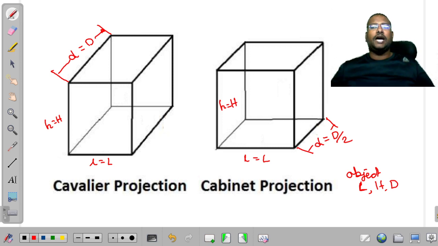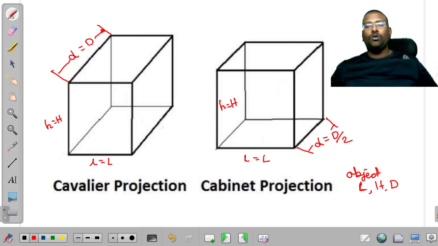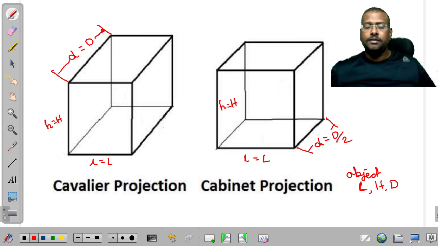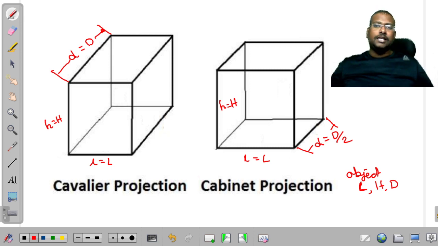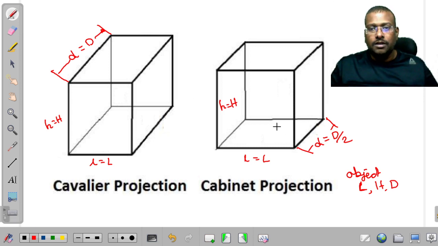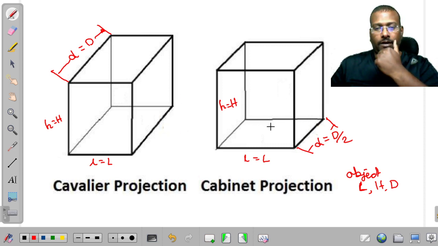But if length, breadth, height and depth are more or less equal or nearer to each other, then we use Cavalier projection. Good sir, what is the condition? You said it depends on theta: in which situation do we get Cavalier projection, and when do we get cabinet projection?